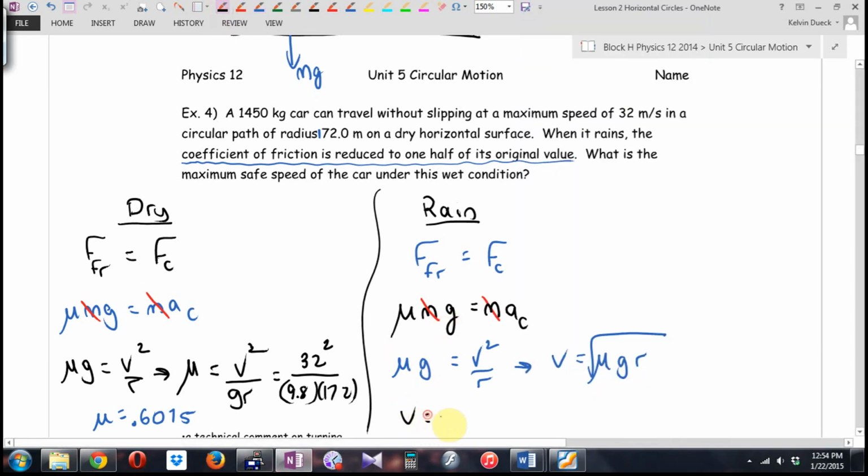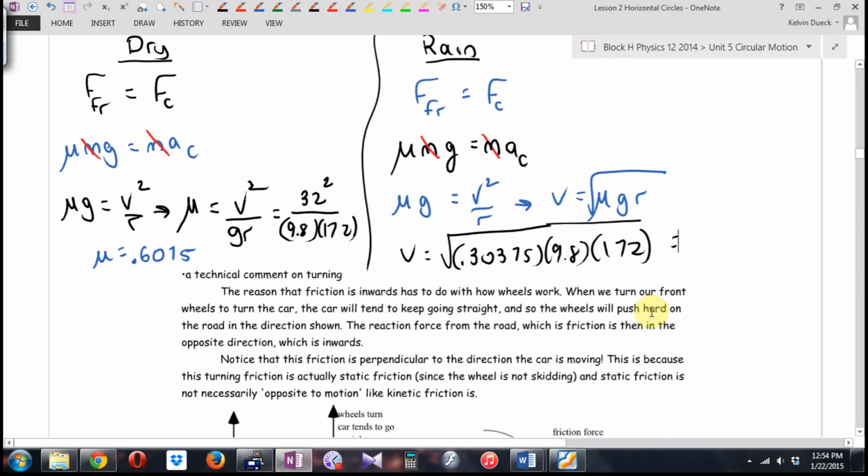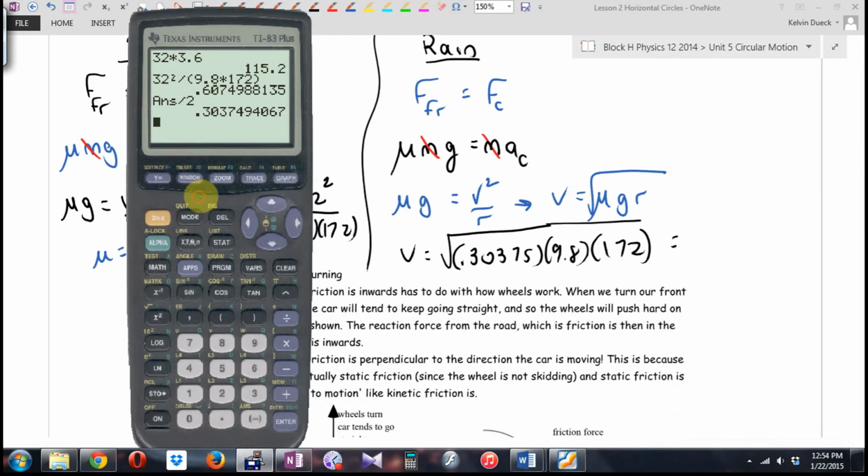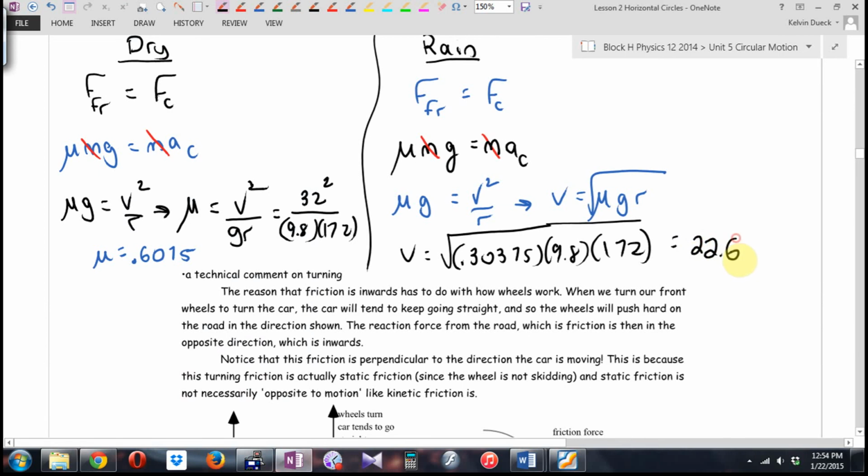The maximum safe speed is going to be the square root of 0.30375 times 9.8 times 172. That's 22.6 meters per second. Okay.